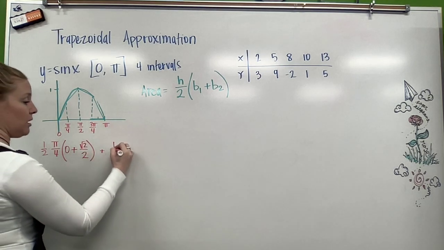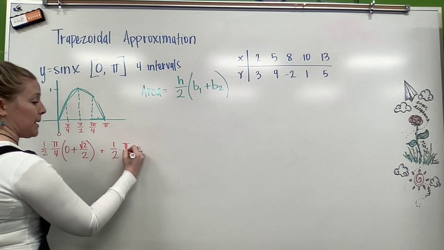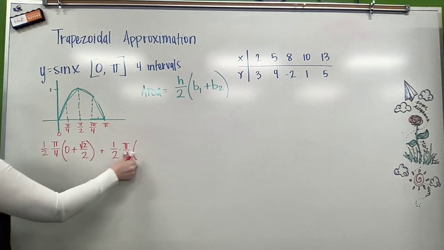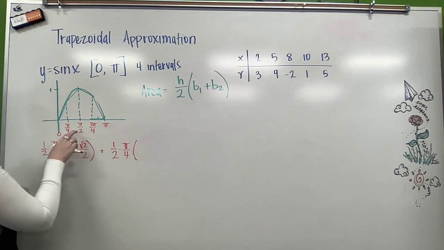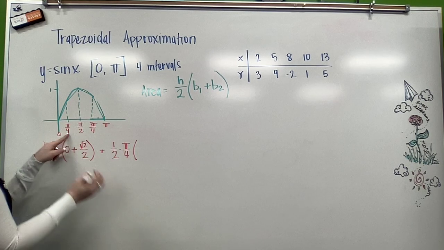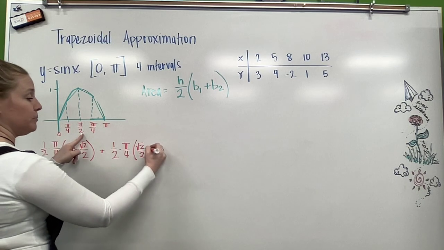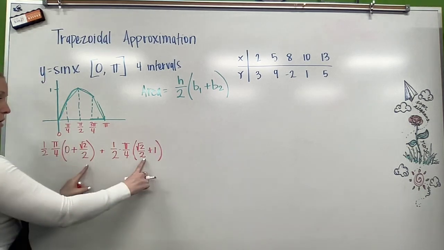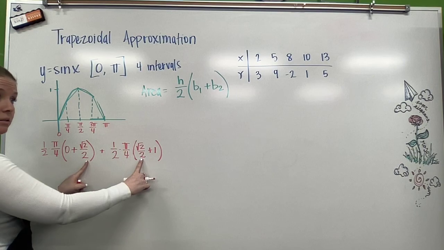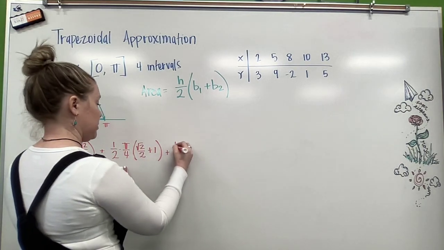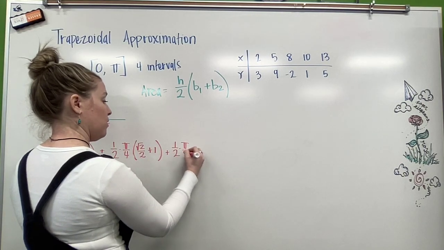I'm going to do the same thing. I've got 1/2. The height between is pi over 4, so from pi over 4 to pi over 2. And now I'm using pi over 4 and pi over 2. Notice how we have that repeat. Then I have plus 1/2 pi over 4.